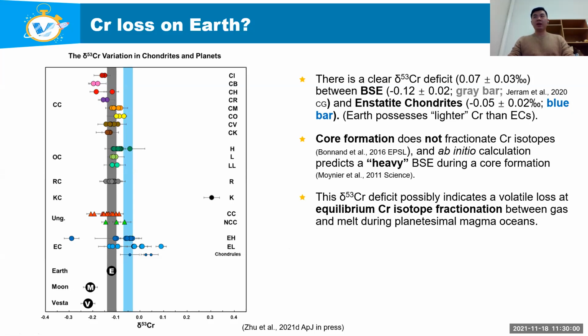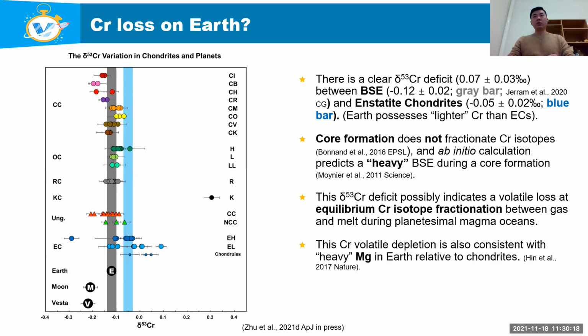But we know the Earth is very large, so the gravity will not allow the volatile loss. So I think this volatile loss should have happened during the planetesimal magma oceans. And this story is also consistent with the heavy magnesium in Earth relative to chondrites, in this Nature paper.